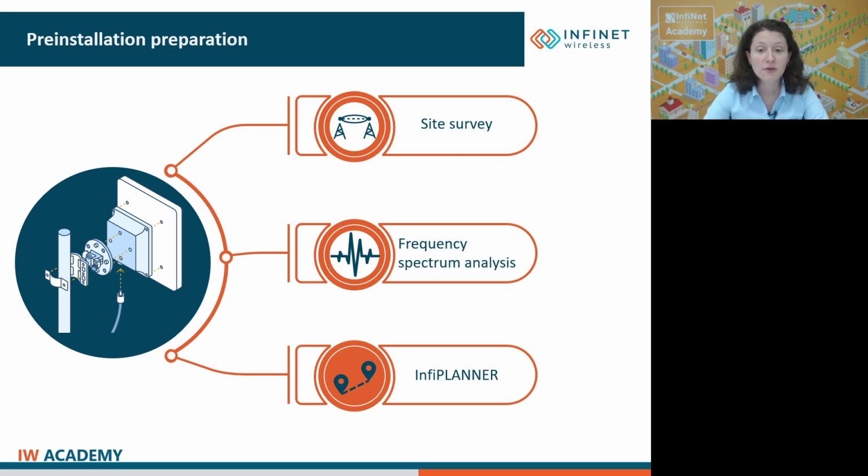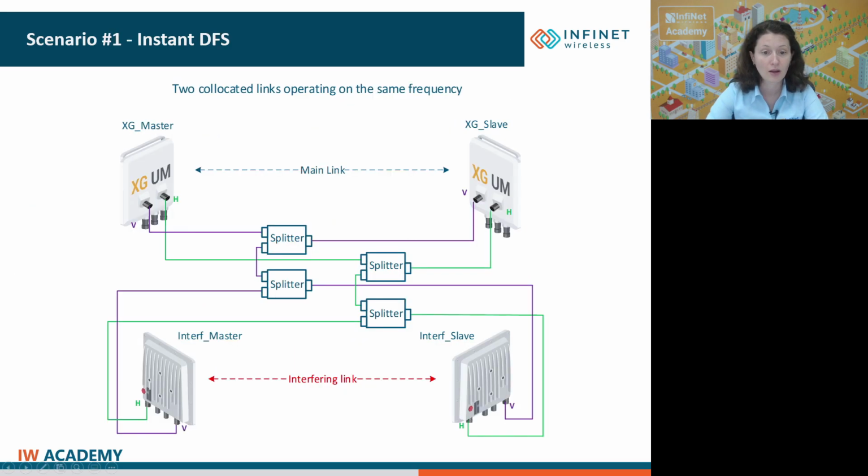It supports different scenarios based on terrain profile, distance, antenna height, transmit power, device models, and other factors. The output is an installation report that defines the parameters to be used for configuration, alignment, and operation.